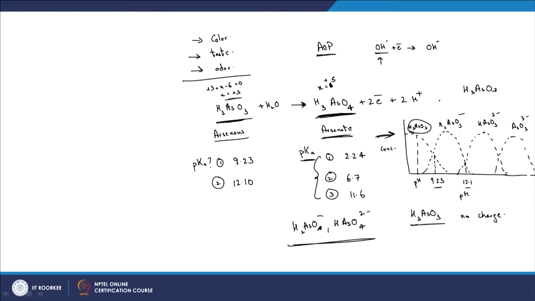If you are using an ion exchange process and the pH is in the neutral region, you want the more oxidized form of arsenic, the arsenate form, and only then, as you see in the neutral pH, will the relevant molecule be charged, and so with your anion exchanger you can then remove the arsenic from your solution. But if it's present as arsenous H3AsO3, with the oxidation state of plus 3, you saw from this figure that there is going to be no charge on the compound at the neutral pH, thus you can't remove it by the ion exchange process.